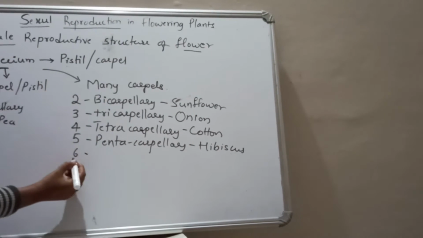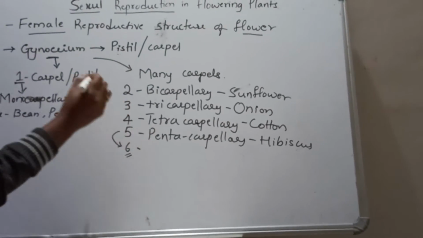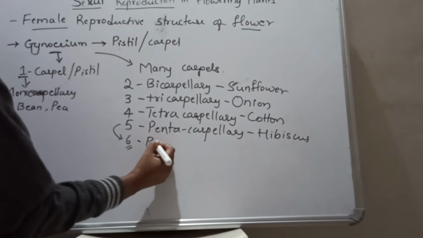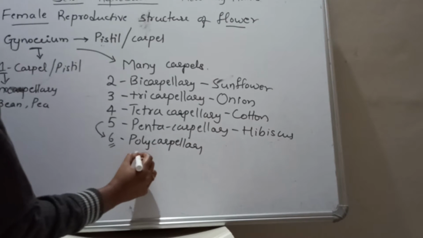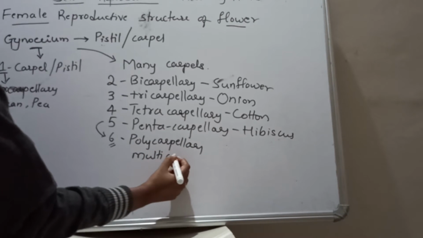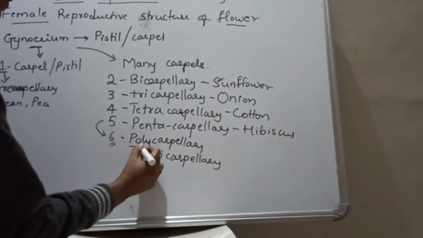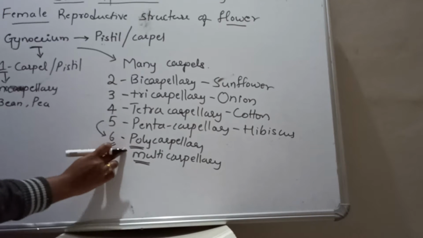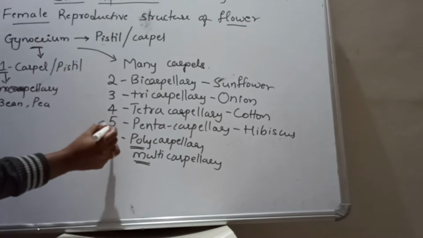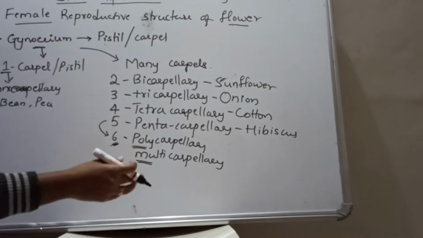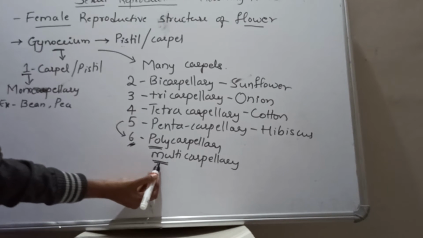If the gynoecium is made up of more than 5 carpels, it may be 6 or 7, that gynoecium is called polycarpellary or multicarpellary.